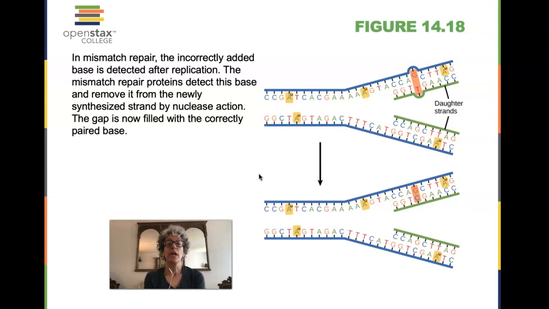During DNA replication, after replication is complete, cells have an enzyme that adds a methyl group to the adenines. So that is how the cell can recognize, if it reads the region around this mismatch, that the strand that has methylated adenines is the template strand.